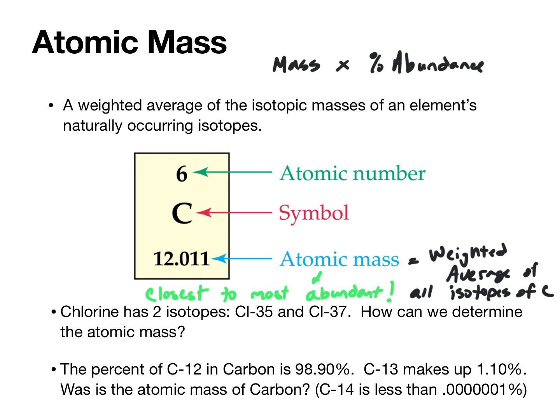Well, that's very close to 12. And we can judge that carbon 12, or mass number of 12, is the most abundant isotope of that particular element, in this case, carbon. And generally speaking, if you take that atomic mass, which is in each square of the elements of the periodic table, and round it to the nearest whole number, you will find the most common isotope of that element.